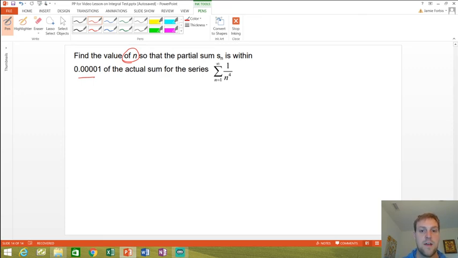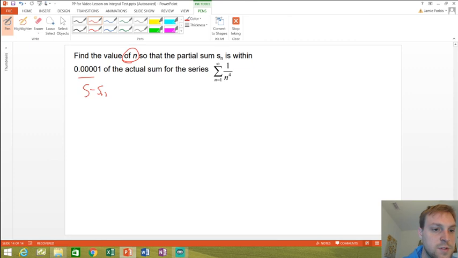So I can use my integral test here, my integral bounds, and I want it to be set up this way. I want to figure out what my remainder is. Or actually, the better way of saying that, let's say instead of r sub n, we'll say s minus s sub n, which is r sub n.